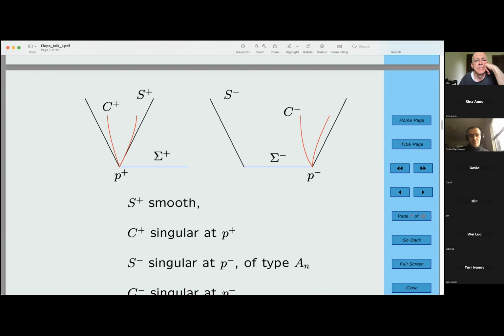This sigma plus is just a smooth rational curve, so it's a projective line embedded in my threefold, and they collide at a single point. I want my sheaf to be made of a sheaf on C plus extended by a sheaf on sigma plus.